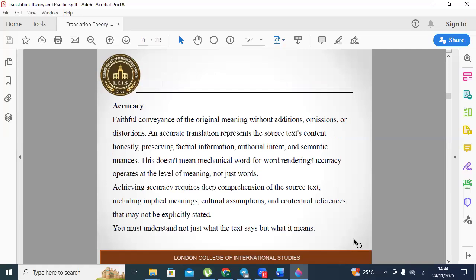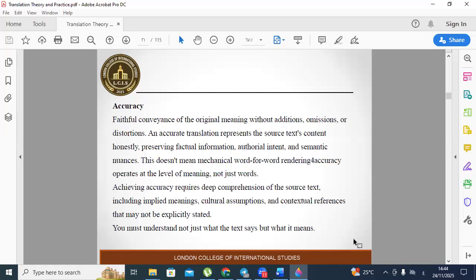Accuracy: faithful conveyance of the original meaning without additions, omissions, or distortions. An accurate translation represents the source text content honestly, preserving factual information, authorial intent, and semantic nuances. This doesn't mean mechanical word for word rendering.